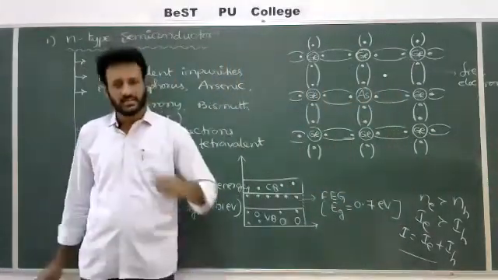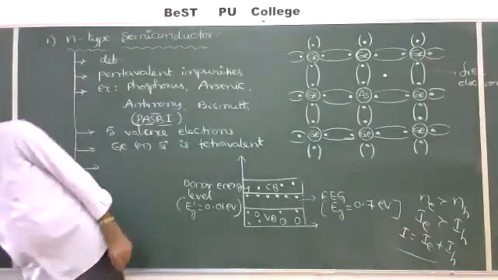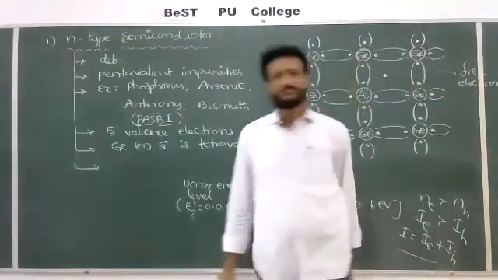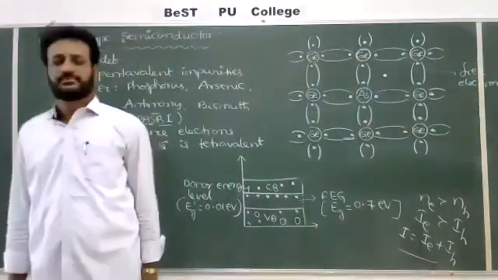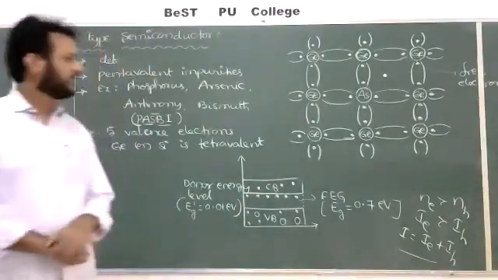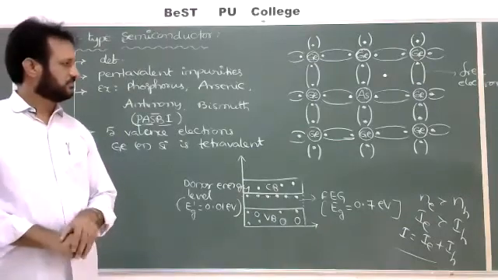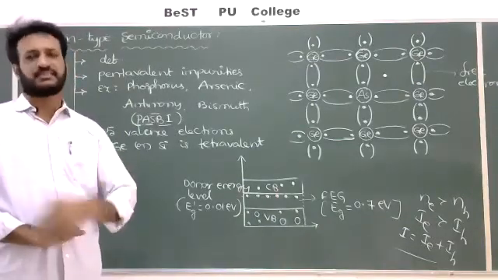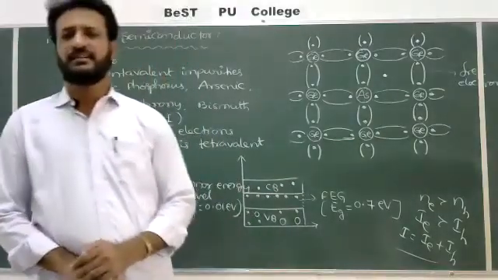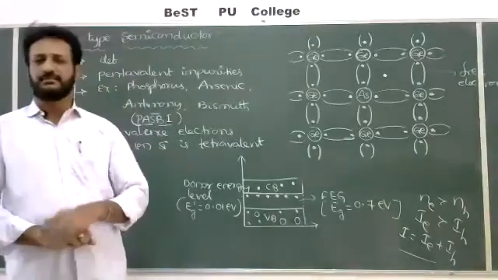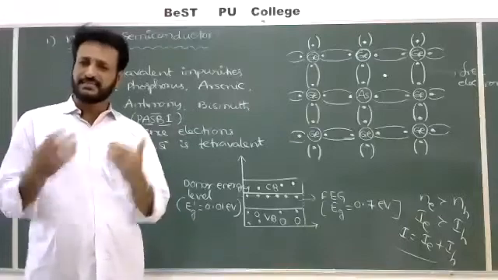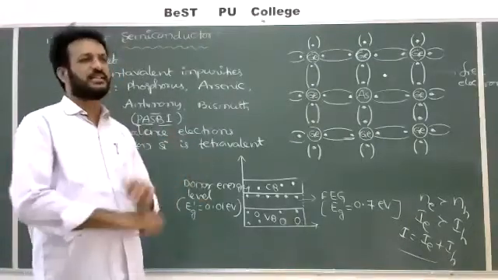Why are they called donor atoms? Since they donate conduction electrons. Every pentavalent atom which we are doping can donate only one electron. So as the number of atoms increases, the number of electrons also increases, correct?